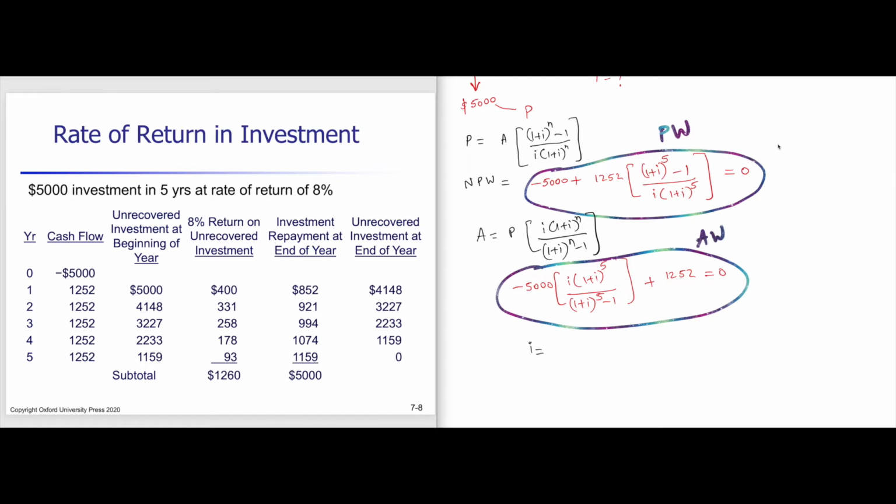Divided by alpha x times 1 plus I to the power of 5. I'm using Casio, so I think we have to say alpha x equal to 0, and I can say shift solve.